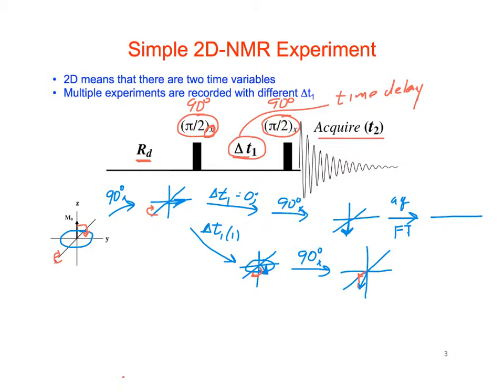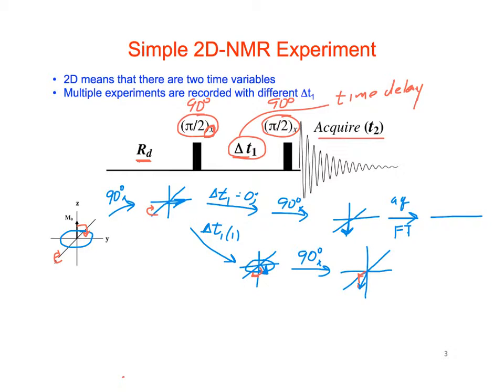Right, so here's this circle here. We went from somewhere over here, and we rotated that down into this plane down here.